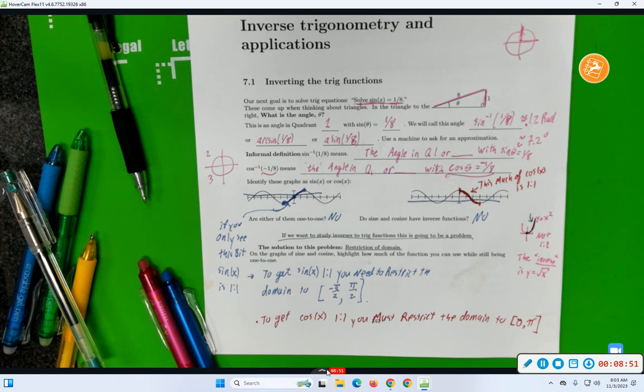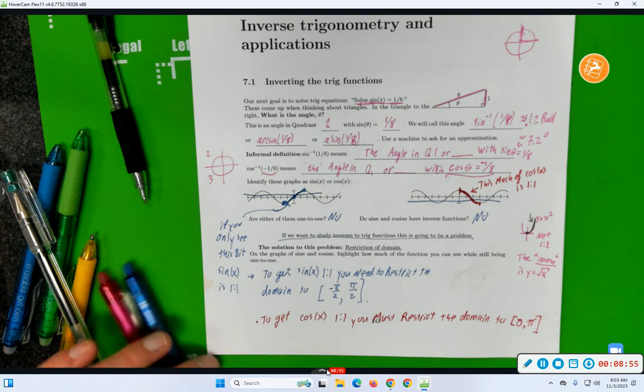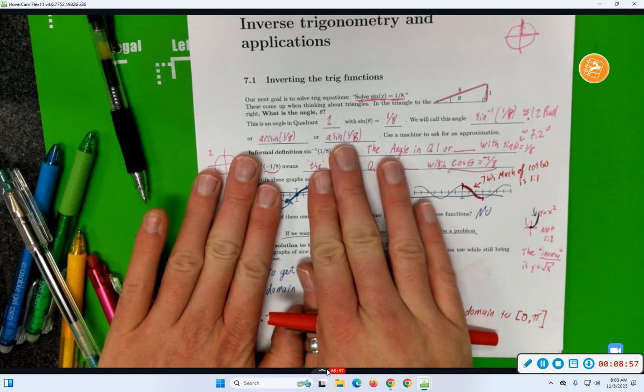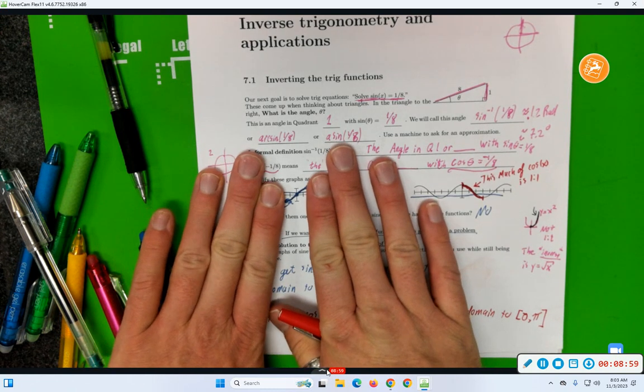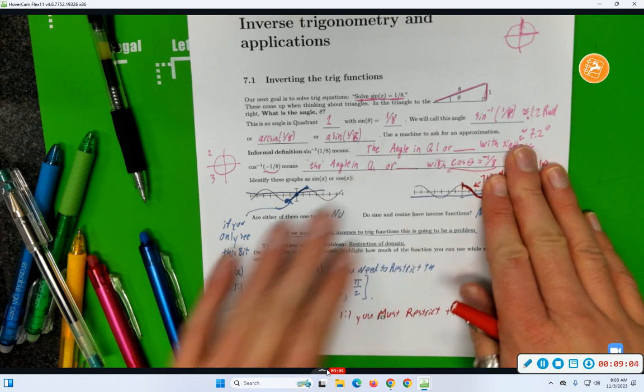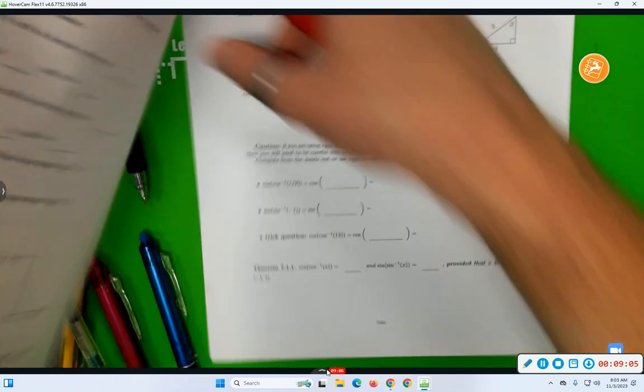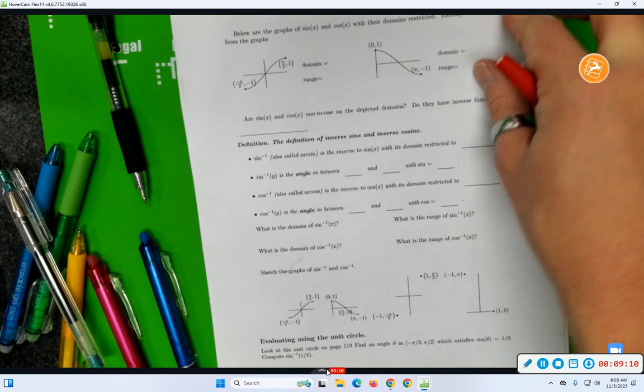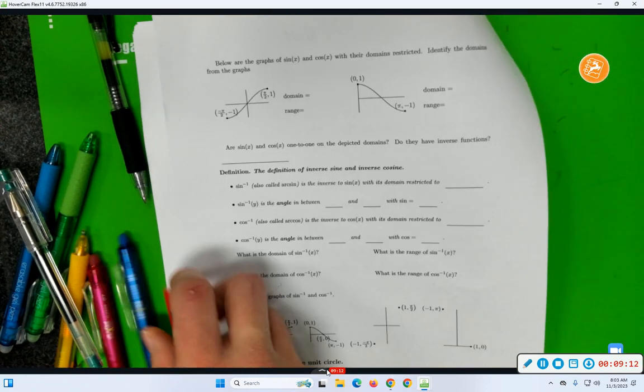If you go any further, it's not one-to-one. So, let's use that. If I only see that much of cosine, there's a function I can take the inverse function to. That's what we'll mean by the inverse sine and inverse cosine.